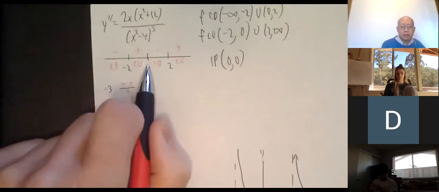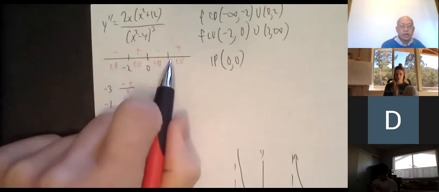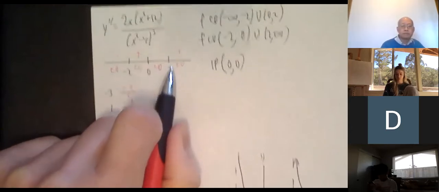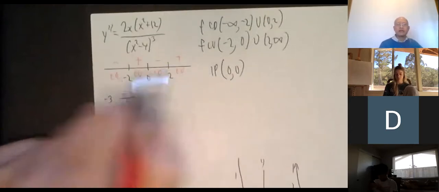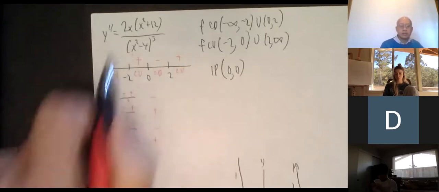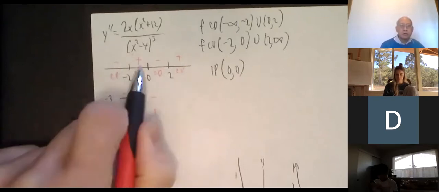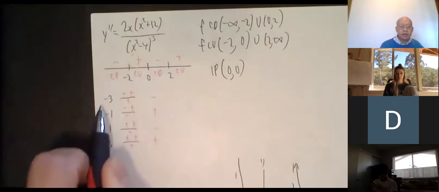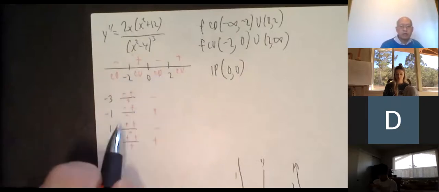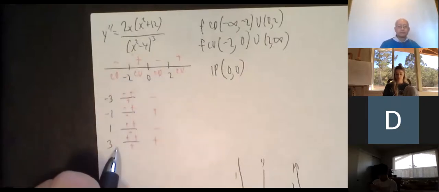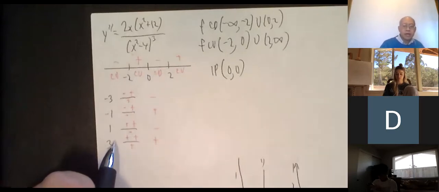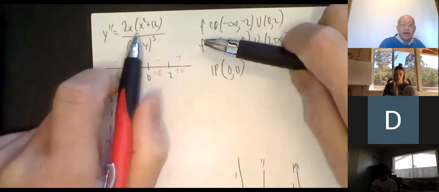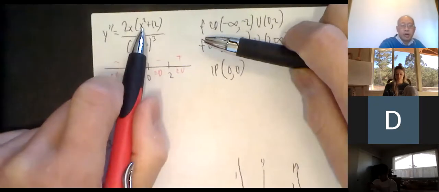So I lay down 0, negative 2, and positive 2, so 0 and the undefined values. So pick something here, here, here, and here: negative 3, negative 1, 1, and 3. And something you'll notice: x squared plus 12 is always what sign?